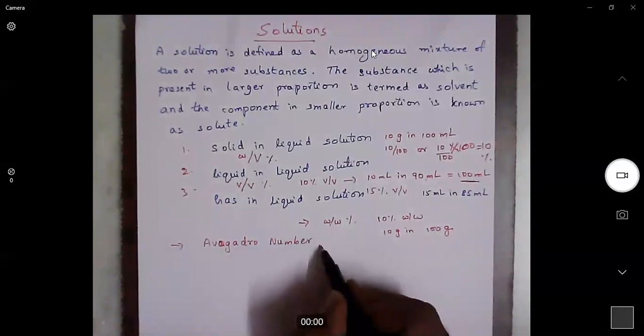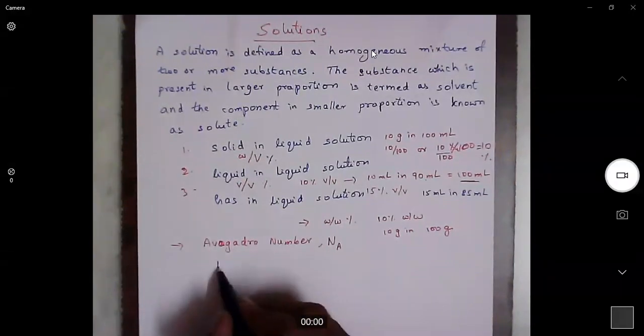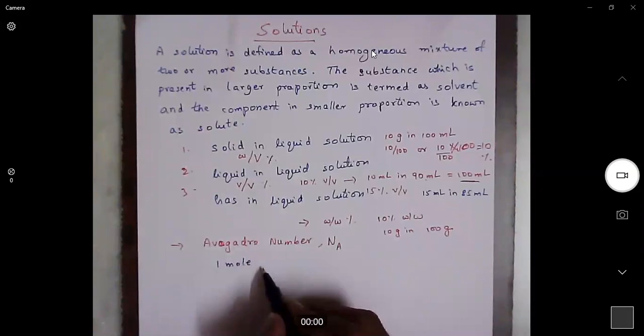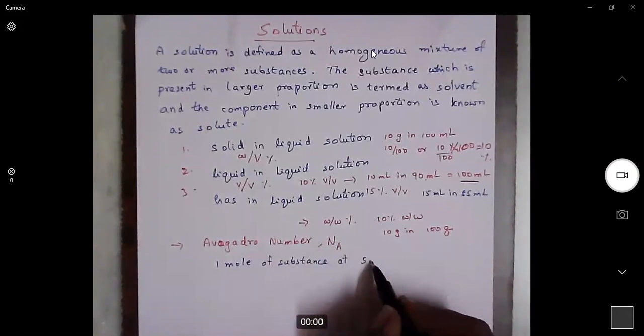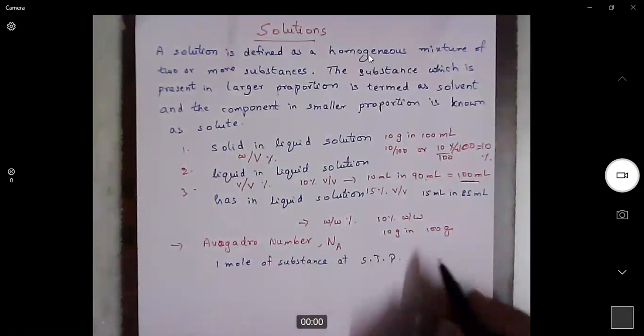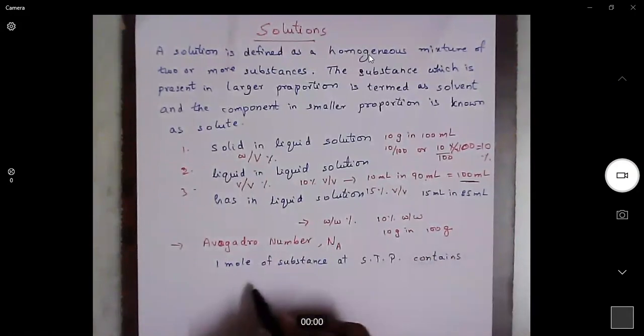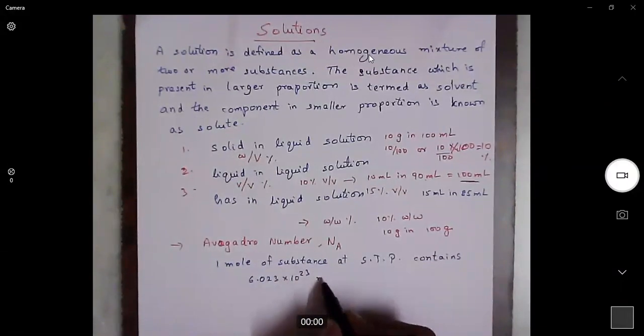It is generally indicated by capital N, or we also use the suffix capital A. 1 mole of any substance at STP, that means standard temperature and pressure, contains Avogadro number of molecules.